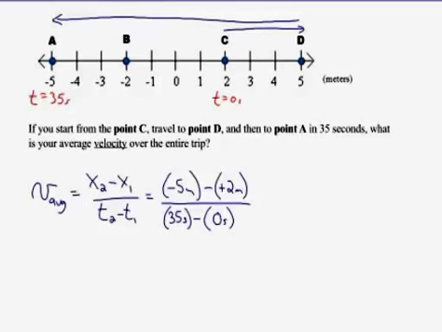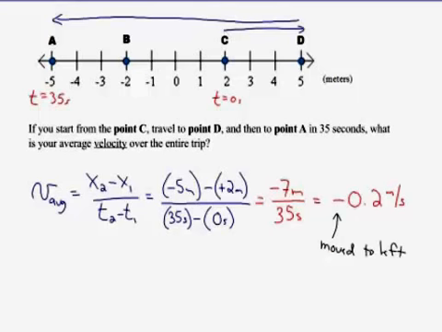And so this gives me a displacement of negative 7 meters divided by 35 seconds, which is an average velocity of negative 0.2 meters per second. This negative sign here means that the object moved to the left in the negative x direction.